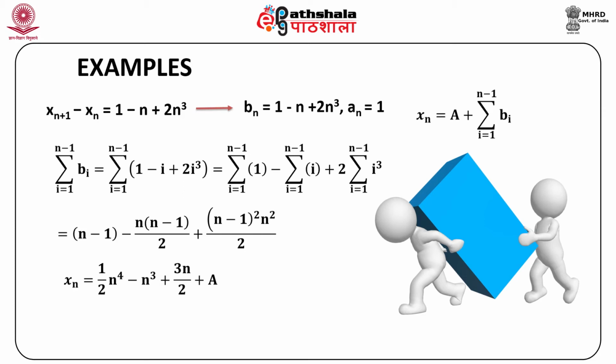So the general solution is given by xn is equal to half n to the power of 4 minus n cubed plus 3n divided by 2 plus a, where a is an arbitrary constant.